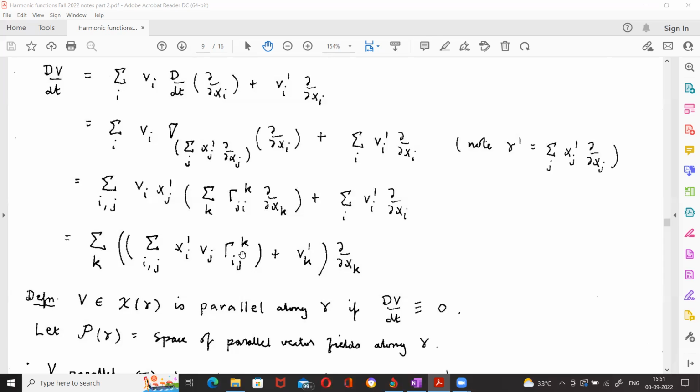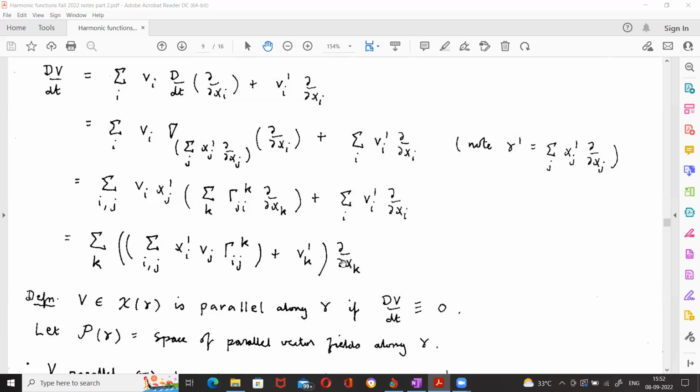So the covariant derivative differs from the usual derivative just by this term which involves the Christoffel symbols. If the Christoffel symbols vanish, then the covariant derivative is just the usual derivative where you differentiate just the components with respect to the basis ∂/∂xi. Okay, does this make sense? Yes. Okay.